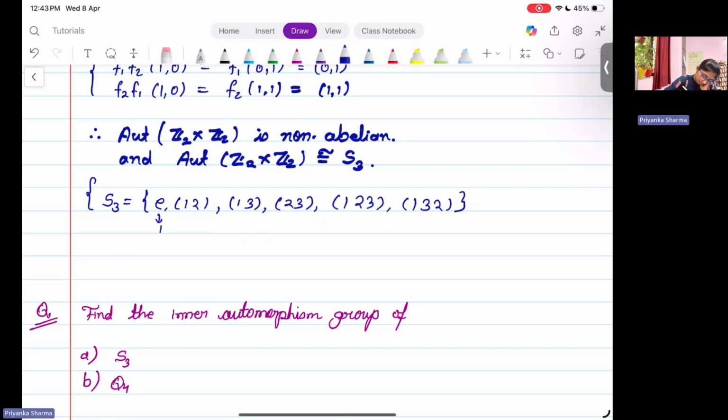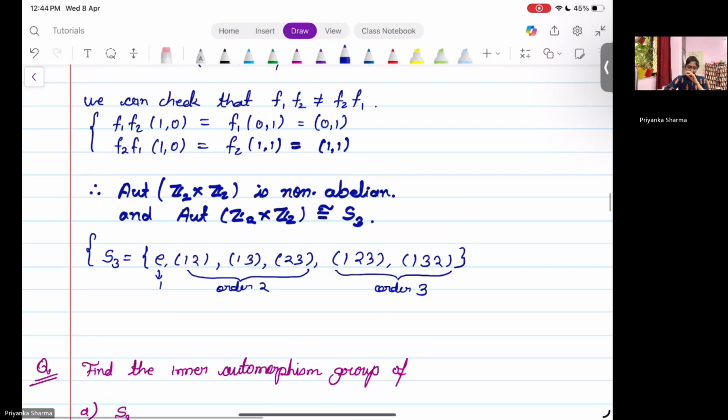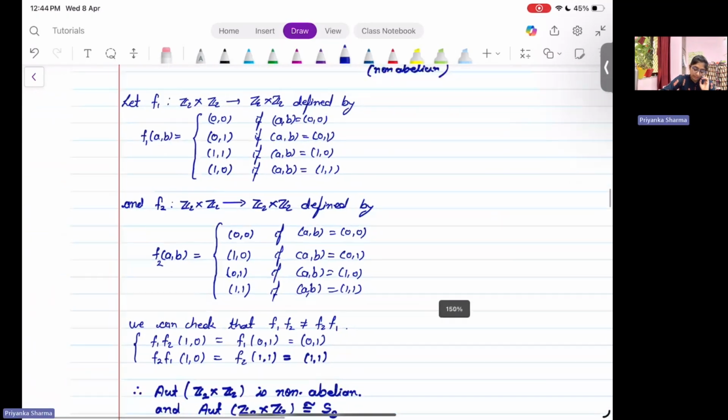So the identity is of order 1, these three are of order 2, and these two are of order 3.